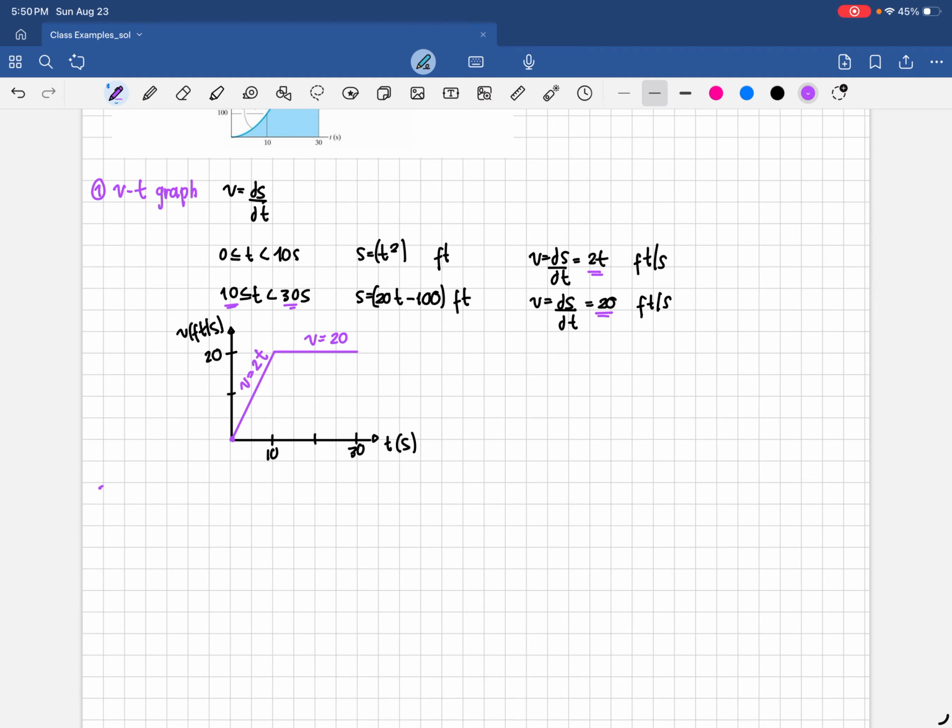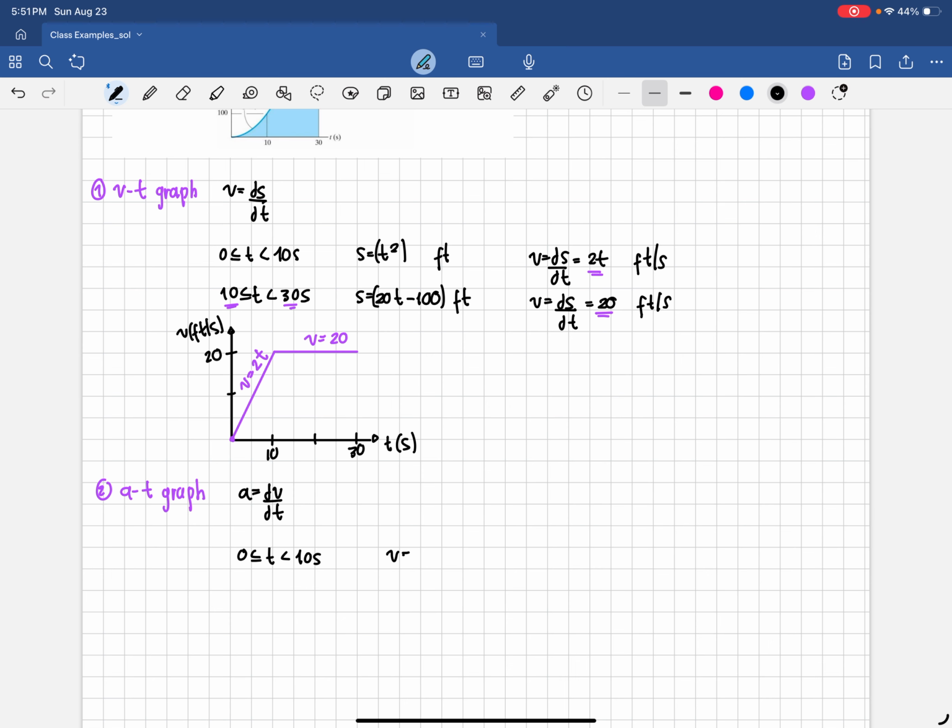Step 2 would be the a-t graph. We know that the acceleration is the change in velocity. So we can do something similar. Now we have between 0 and 10 seconds.